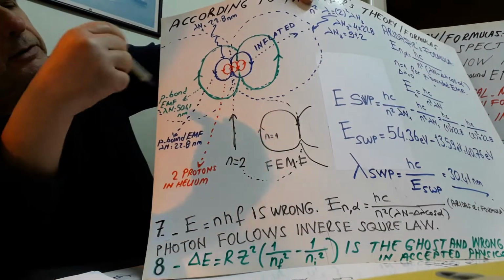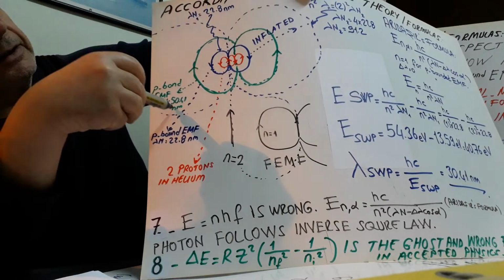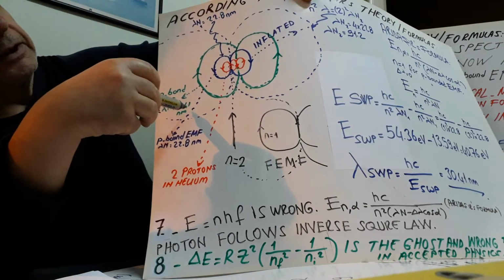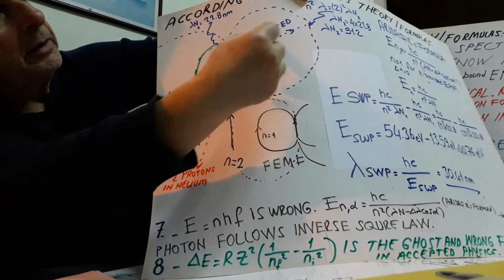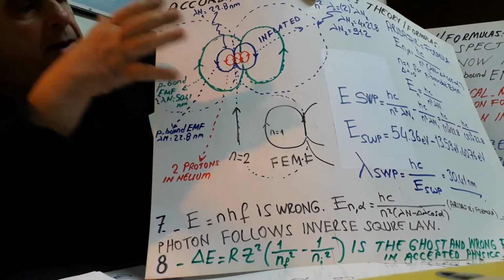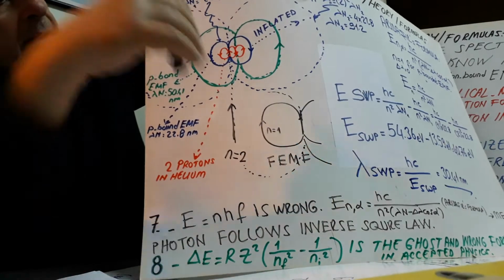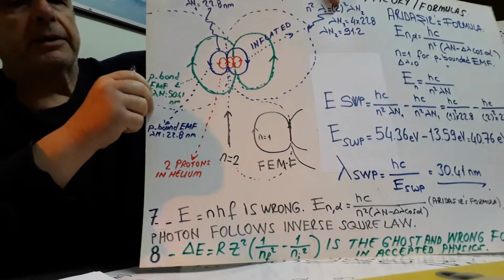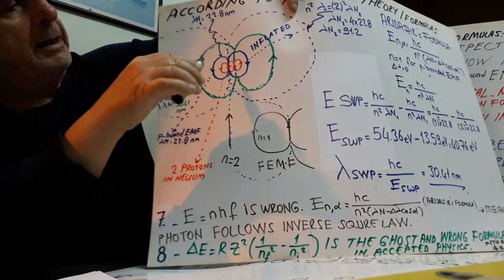Its initial wavelength is lambda n 50.41 nanometer. Here in balance, not disturbed helium atom, according to my theory and my formulas.